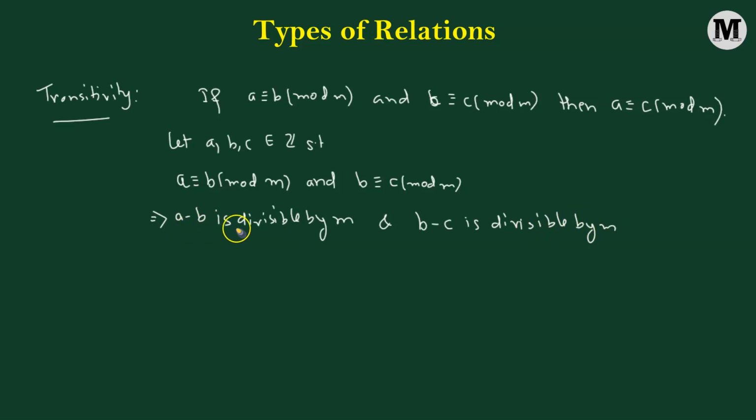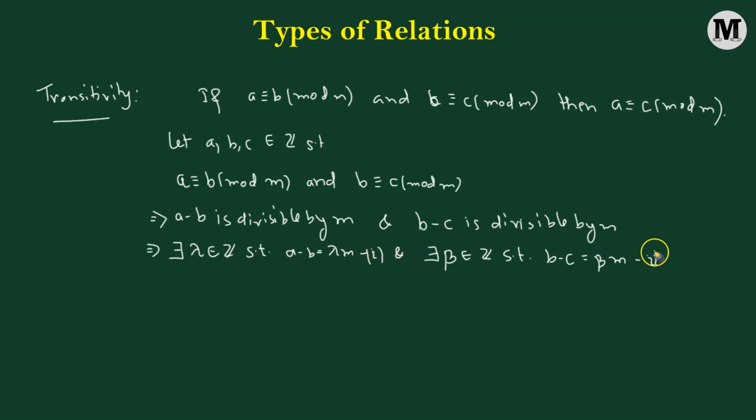Now if A minus B is divisible by M, then this implies that there exists some unique lambda belonging to the set of integers such that A minus B equals lambda times M. Similarly, since B minus C is divisible by M, there exists a unique beta belonging to the set of integers such that B minus C equals beta times M. Let's call this equation number 1 and the other one equation number 2.